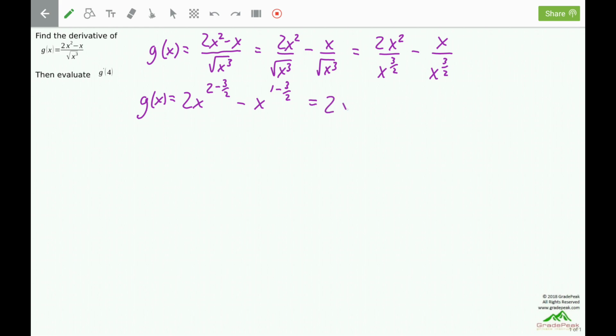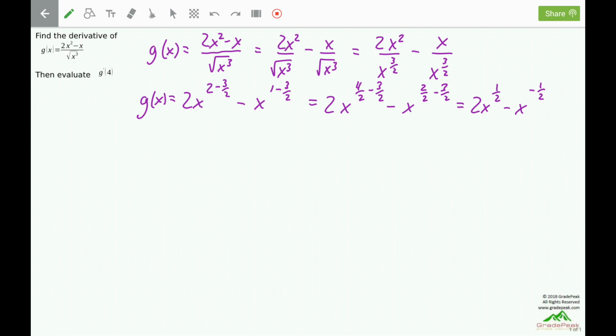So we will have 2x to the 2 is 4 over 2, minus 3 over 2, minus x raised to the 1 is 2 over 2, minus 3 over 2. And therefore we have 2x to the 4 minus 3, which is 1 over 2, minus x to the 2 minus 3, which is negative 1 over 2.